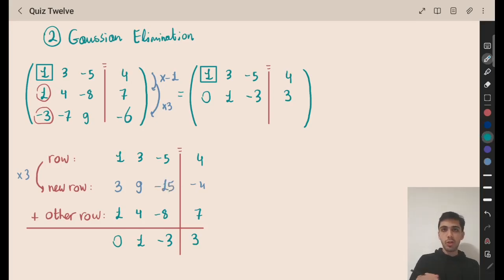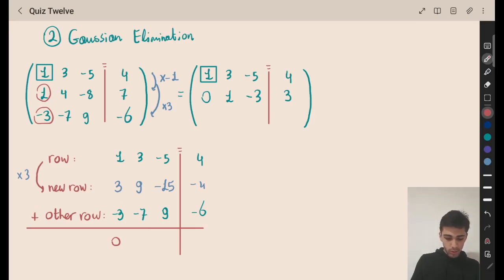The other row to which I'm adding these new values is the third one. Then I should now add the values. This will give me yet another 0 by design. That's how I chose my factor of 3, so that I can effectively cancel out this one variable.